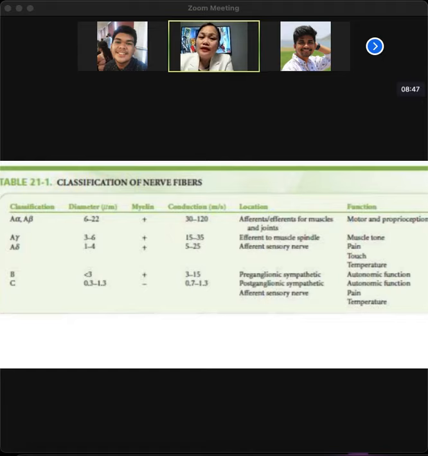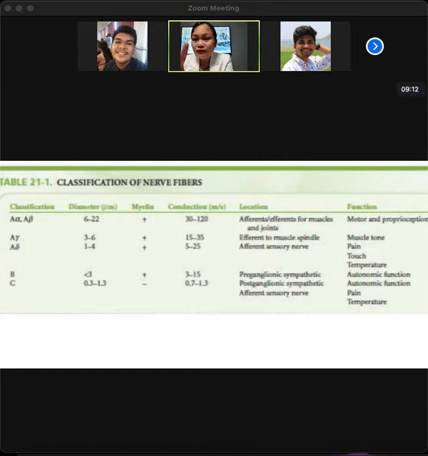Okay, and then the B fibers are responsible for your autonomic functions, while your C fibers are responsible for your autonomic function also, temperature and pain conduction also. What is the difference between your A delta and your C fibers?